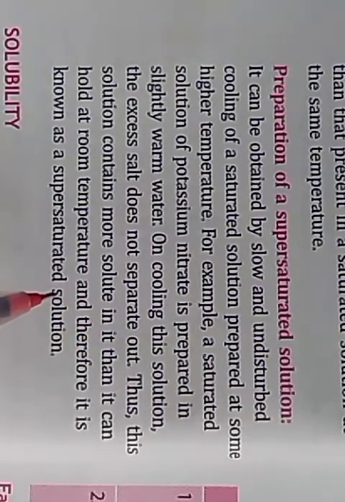After cooling, the excess salt does not separate out. Thus this solution contains more solute than it can hold at room temperature, and therefore it is known as the supersaturated solution. So a supersaturated solution dissolves more solute than the saturated solution at the same temperature.